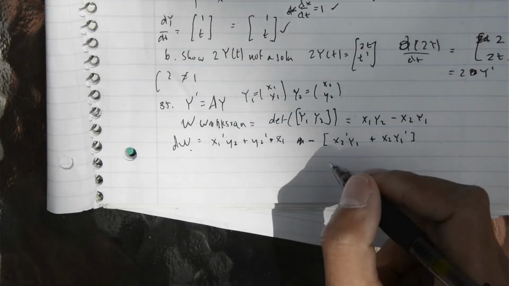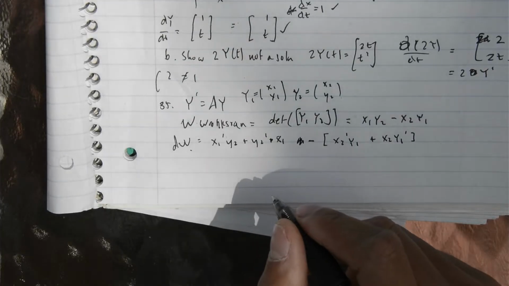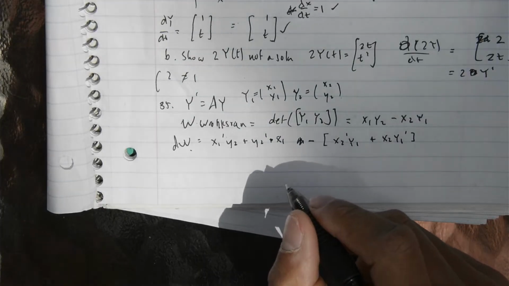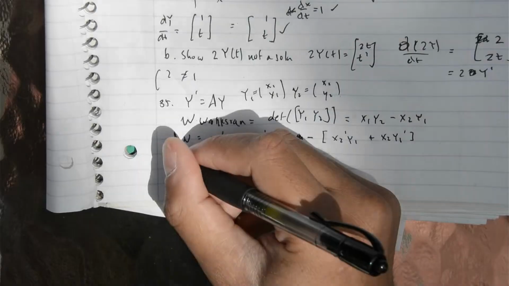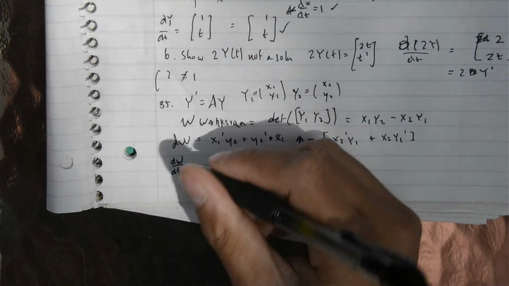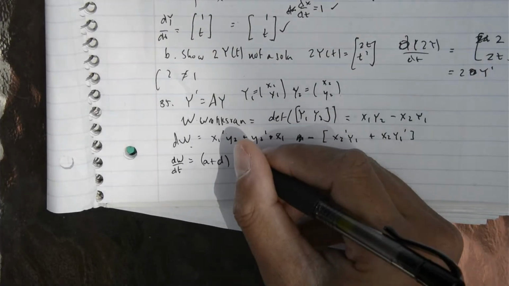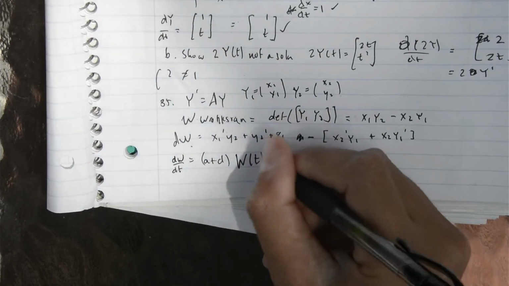I don't know what that's supposed to show me. Okay, we're supposed to show that dW/dt is equal to (a plus d) times W of t.